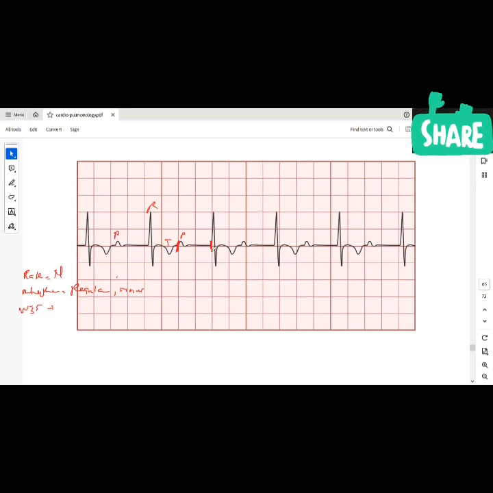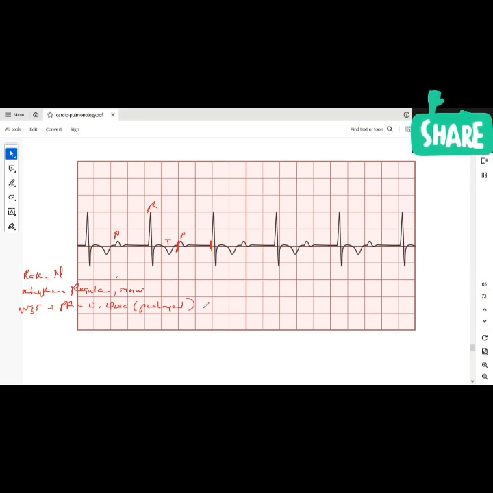How many boxes is that? Oh, 2 boxes. 2 big boxes. And how long is that in seconds? 0.4 seconds. So tell me, is that normal? No, it is prolonged. Make sense? Right.